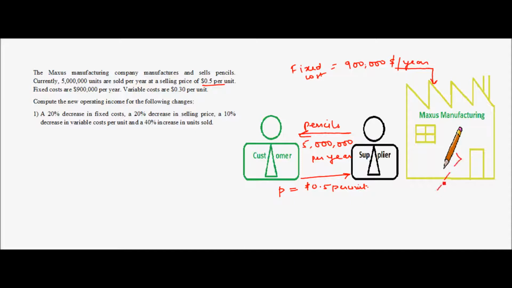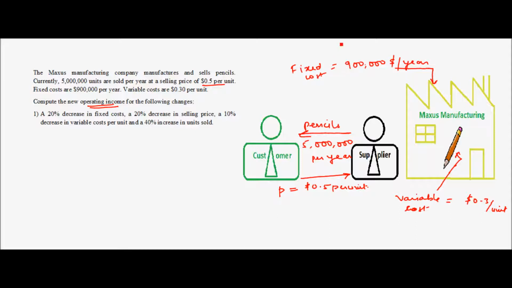So the variable cost is equal to $0.3 per unit. Now with this information, we are being asked to find out the change in the operating income if there is a 20% decrease in the fixed cost.